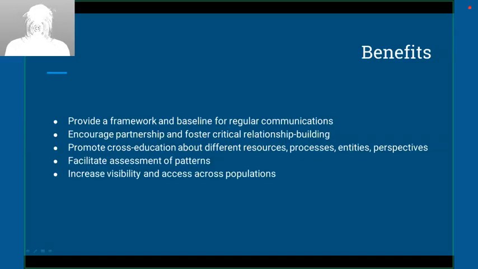This can help build trust and ultimately, at the end of the day, get students the information they need. They can make decisions about processes that they may or may not want to pursue and resources that they may or may not find helpful.